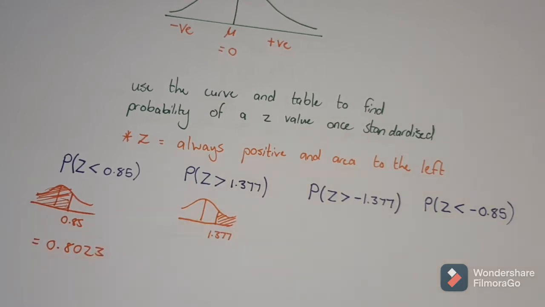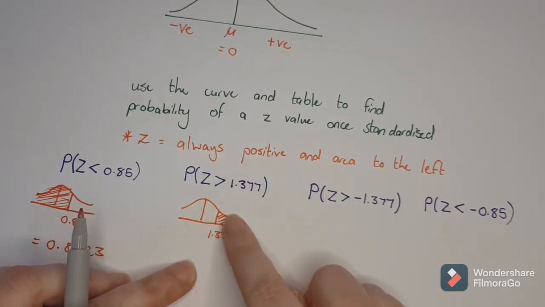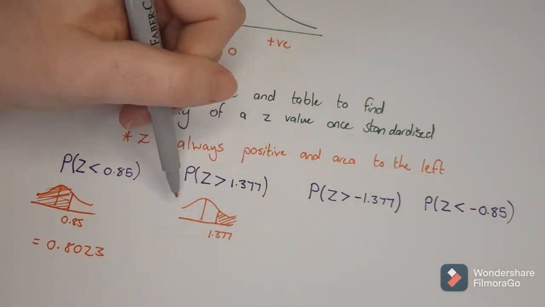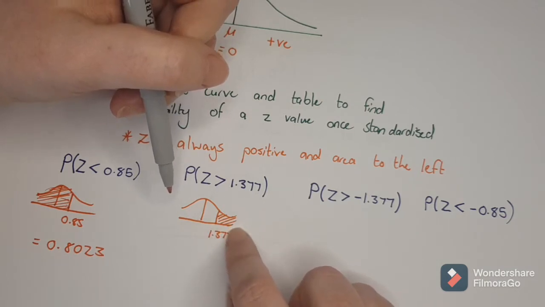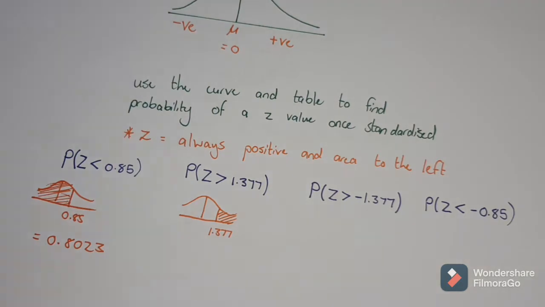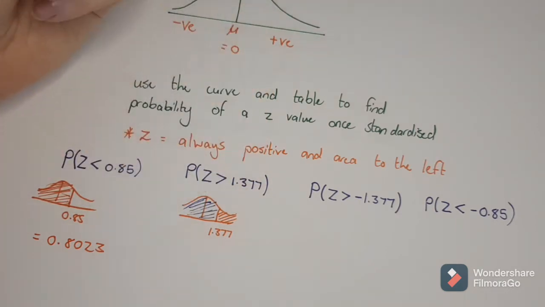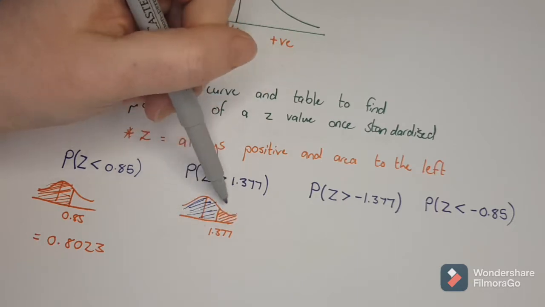So now, because on my table I can only read areas to the left, if I wanted this little bit here, remember this entire area adds up to 1. So if this is 1, and all I want is that little bit, I would say 1 minus all of that other area that I have, because everything else over here to the left is going to make this total be 1.